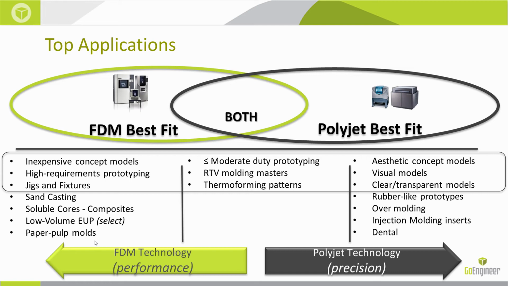Some more manufacturing related applications is sand casting patterns, also investment casting patterns, and patterns used for carbon fiber or fiberglass layup. A unique carbon fiber layup application is the idea of using a soluble core. So we talked about earlier the ability to print support material that's water soluble. On the production level machines, we can actually print entire parts out of that soluble material. So imagine if you had, let's say, a carbon fiber manifold that you needed to wrap.